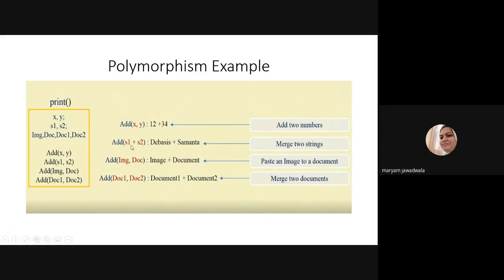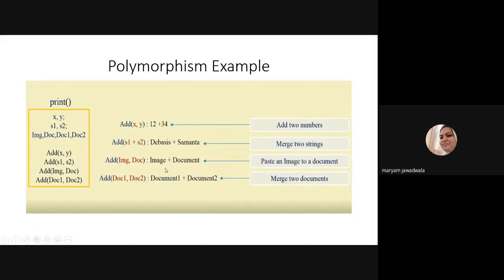Next one, add s1 plus s2. Here you are going to merge two strings. See, the arguments are different. In the first example you are adding two integers. In the next example you are merging two strings. The job of the function is the same, the add function, right? And if you change the argument, the output will be different. Next, suppose I write image comma doc.